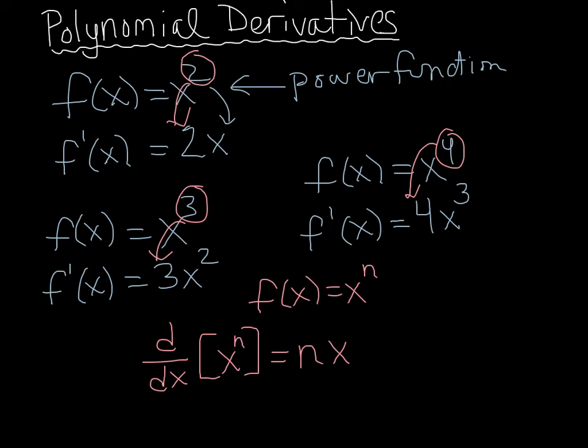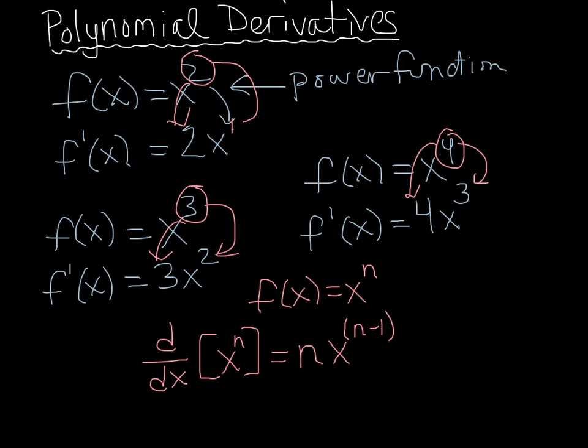And then the next thing you want to look at is what happens to the power. Well, this 2 becomes a 1 that we don't typically write, but it really did become a 1. This 3 became a 2, this 4 became a 3. There was a decrease in power from the function to the first derivative, so we say that the derivative is nx to the (n minus 1). And I'm going to put that in parentheses so you don't think it's x to the n minus 1.